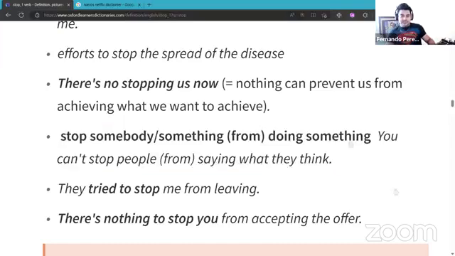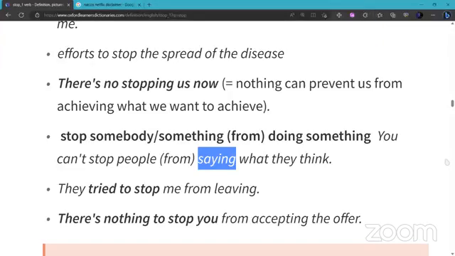Why are we using "saying" in -ing? It's a noun. Exactly.